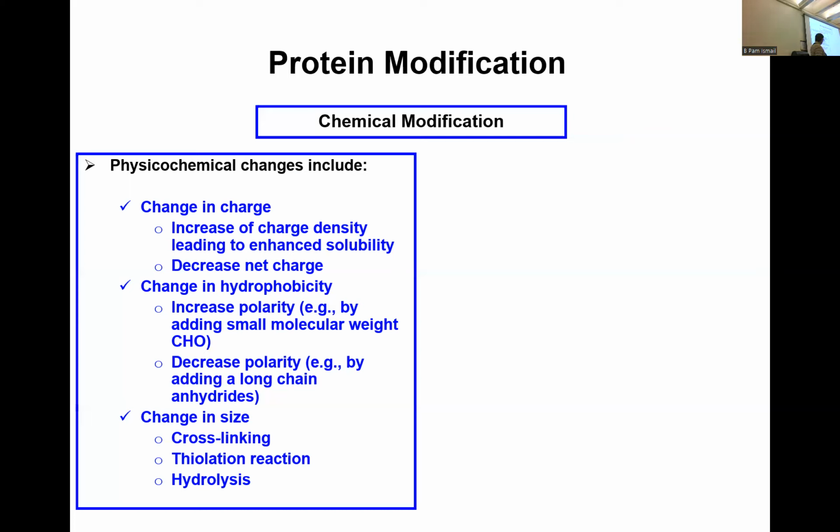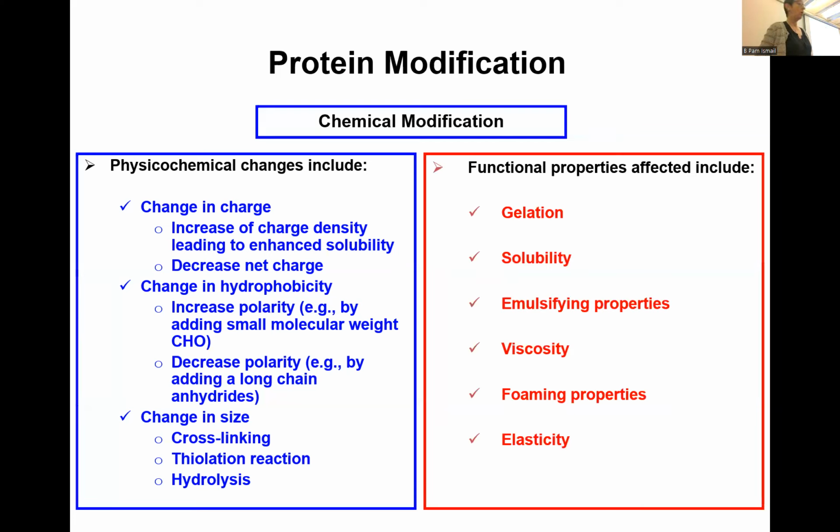Sometimes we want to increase size by inducing cross-linking, adding reagents that will enhance covalent interaction, such as inducing methylation, adding a thiol group to the protein. Sometimes we do acid hydrolysis or alkaline hydrolysis to break the protein into smaller molecules. Of course, these are your general functional properties that will be impacted by the chemical change.